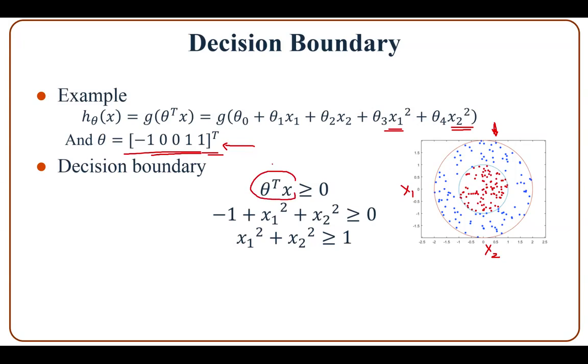It is where z is equal to or greater than 0, and z is actually equal to theta transpose times x.